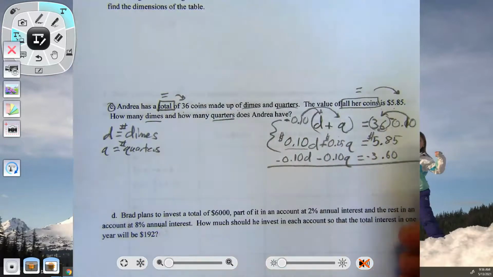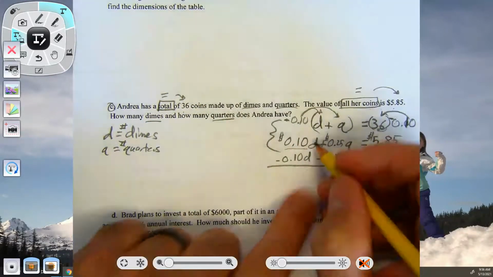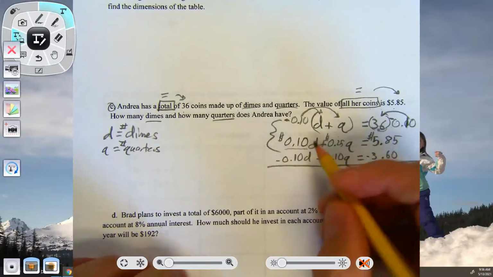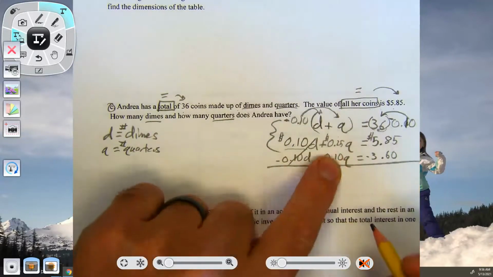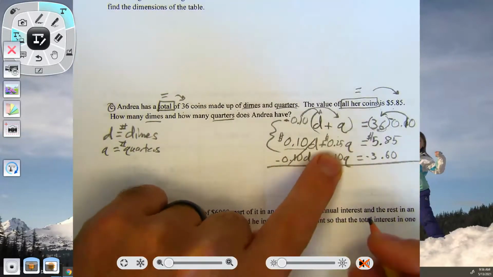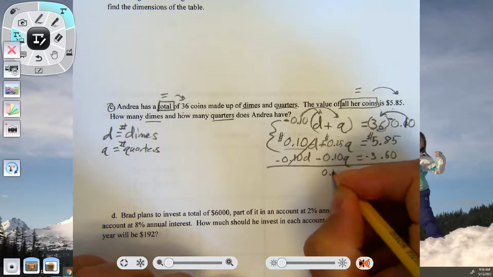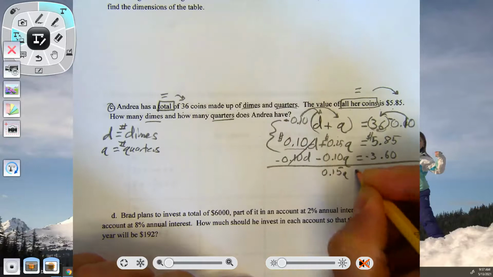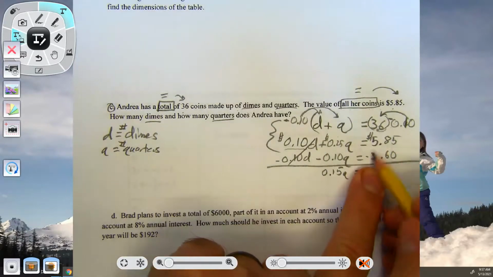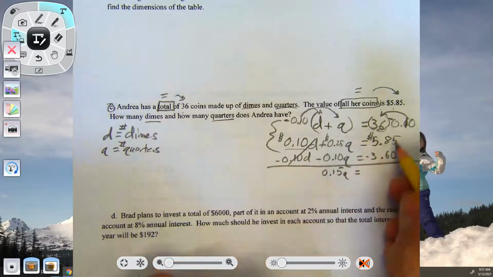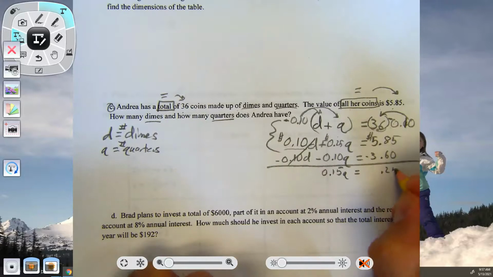Okay, now I'm just using elimination to solve this. All right, so these two cancel out. If I take 10 cents away from 25 cents, that just leaves me with 15 cents. So 0.15Q equals, I subtract these two. So this is 5.85, this is 3.60, which gives 2.25.